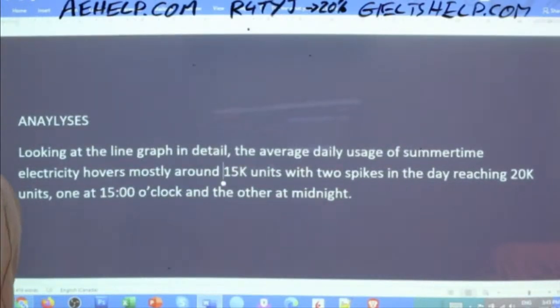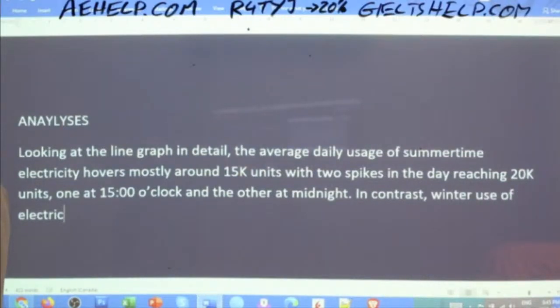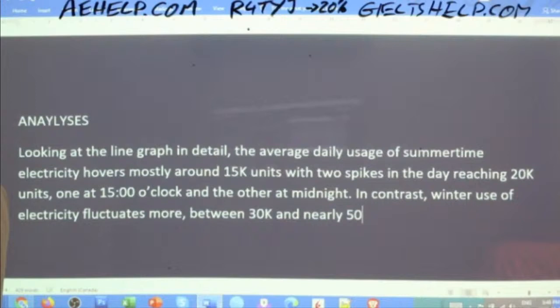So in contrast, winter use of electricity fluctuates more between 30,000 and nearly 50,000 units throughout the day.